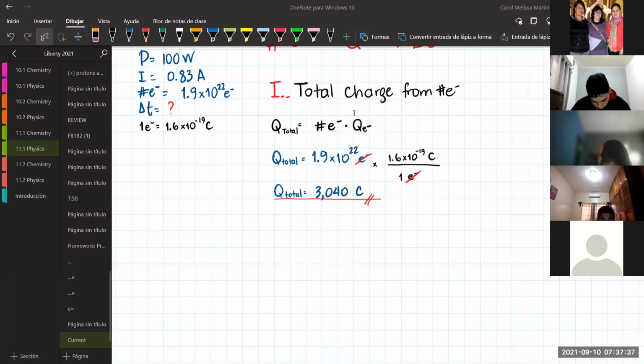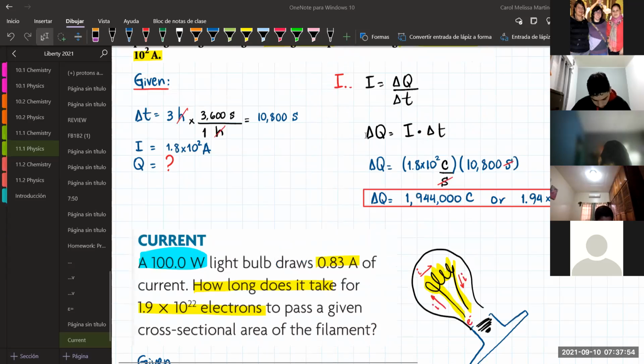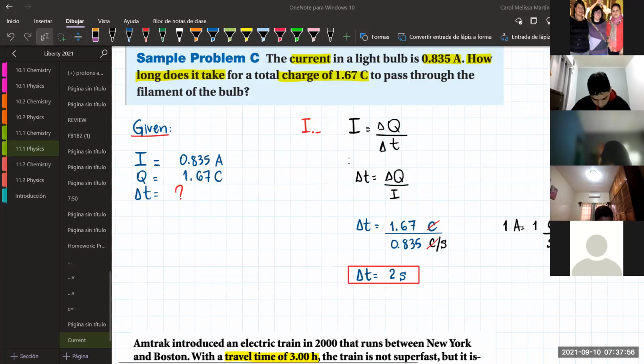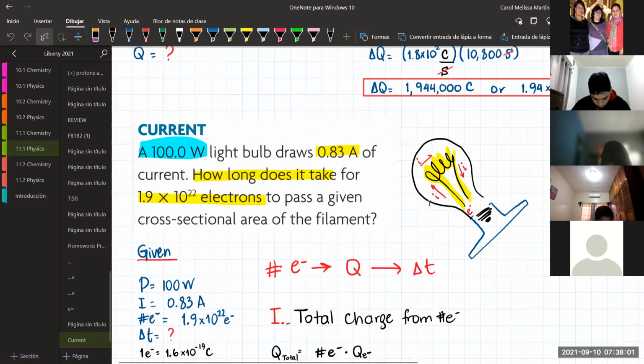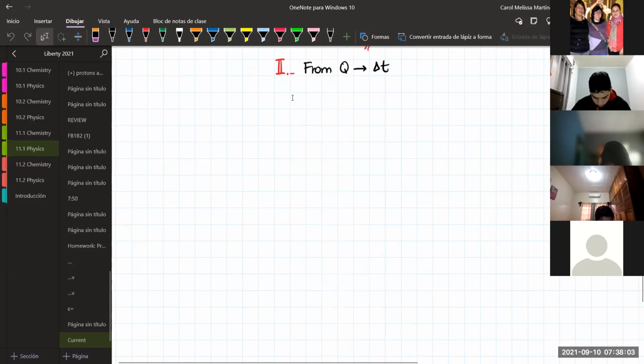So we say in the second step, from Q, we're going to get delta T. The equation for delta T, I already isolated, is this one. So I'm just going to copy this. And then I just plug in the givens.